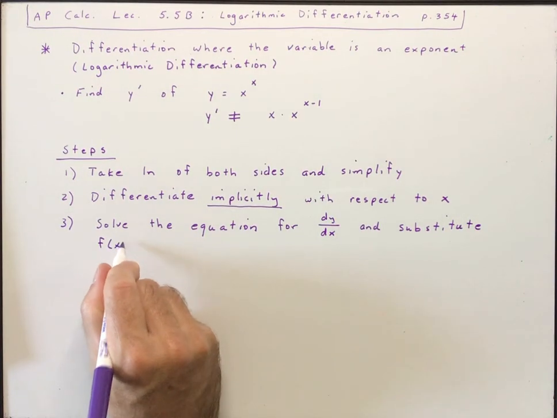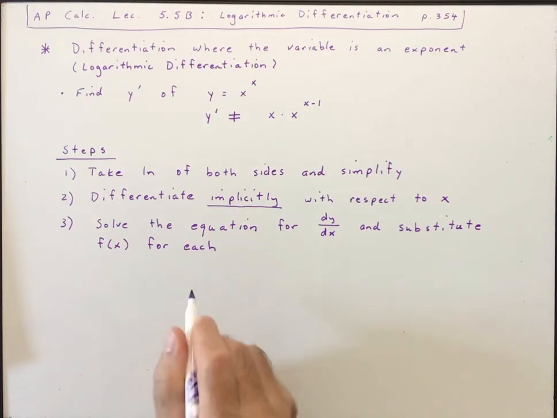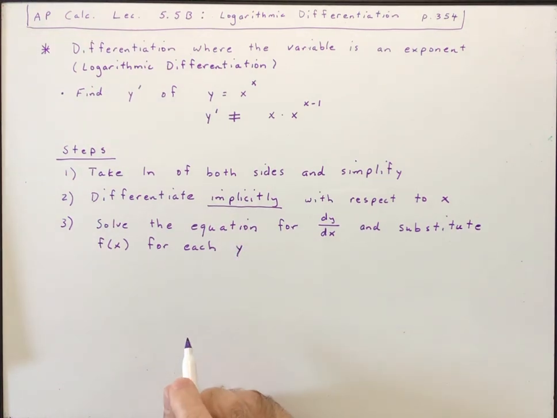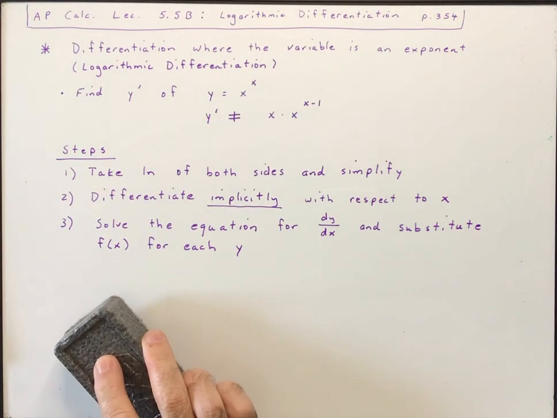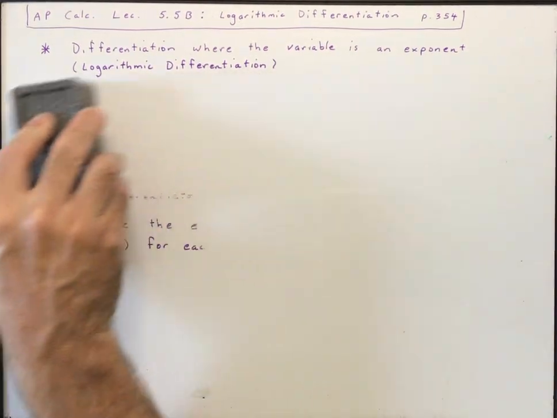I'll show you how we do this. So we're just getting the whole equation in terms of x. Okay, so the rest of this lecture will be just examples of doing this logarithmic differentiation. All right, so here we go.